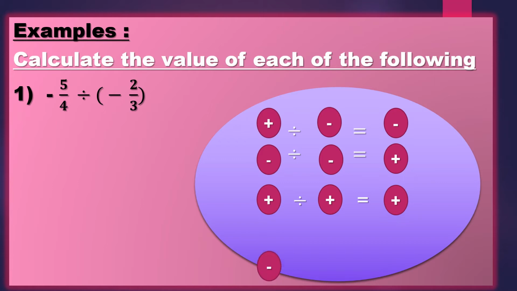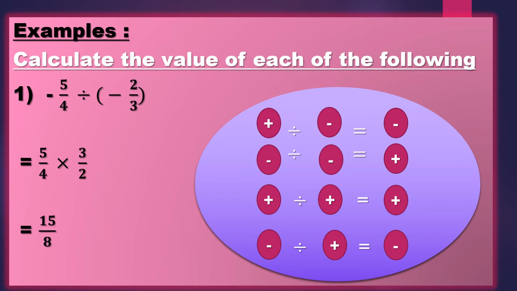Negative divided by positive will equal negative. So here in this example, negative divided by negative, the negative signs go together to give the positive sign. So 5/4 times 3/2 will equal 15/8 in the simplest form.